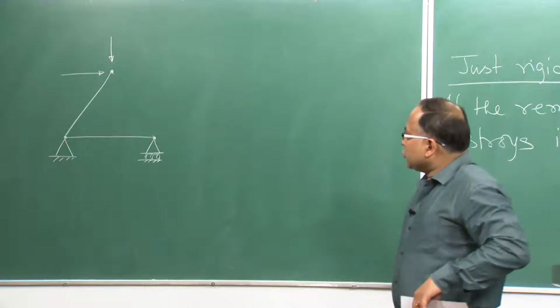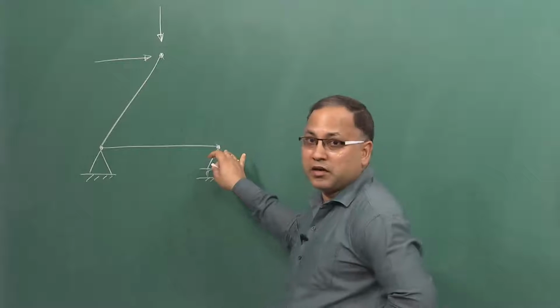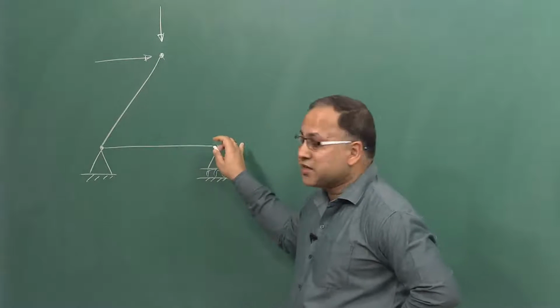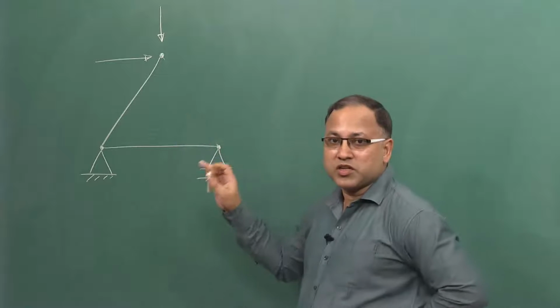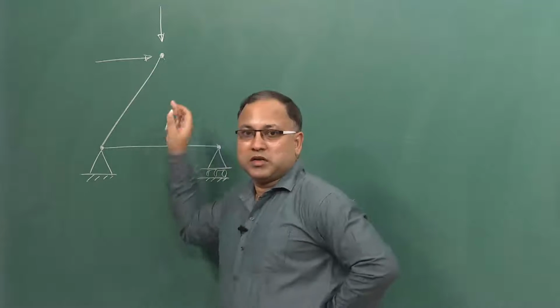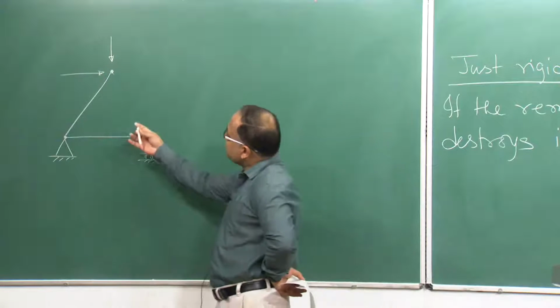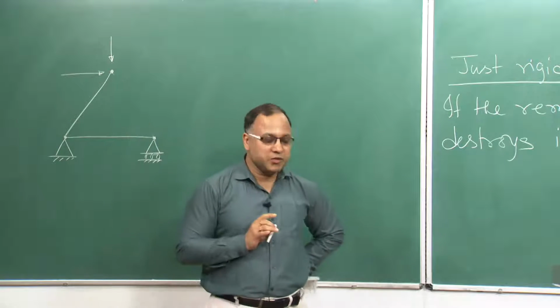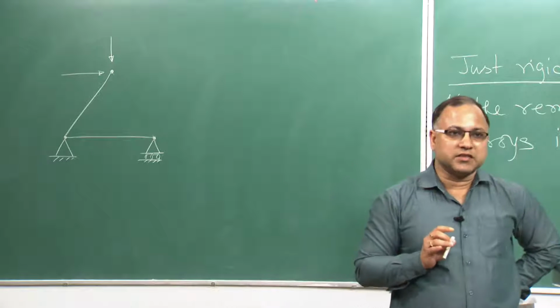Earlier, when you had the just rigid structure, that means another member was there, at that time if you apply the load there will be no rotation or instability in the structure. But as you have removed one member, immediately instability comes into the system and rigidity is disturbed.